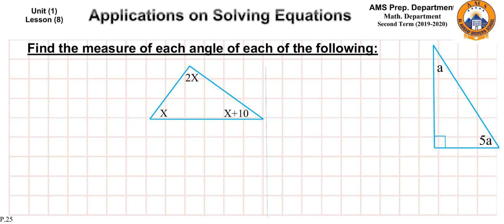Exercise number 14. We will do the same. Find the measure of each angle of each of the following triangles. So we will start with the first one, and we will add the interior angles. X plus 2x plus x plus 10 equals 180. We will collect the like terms.